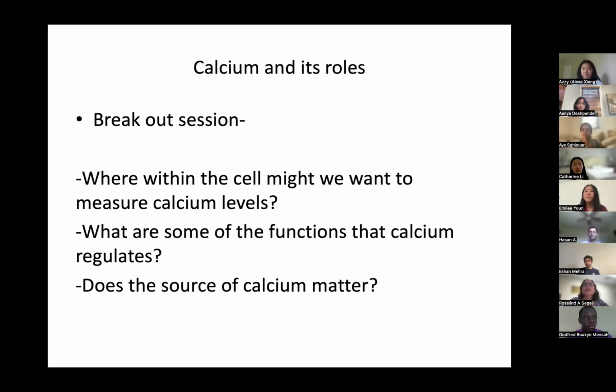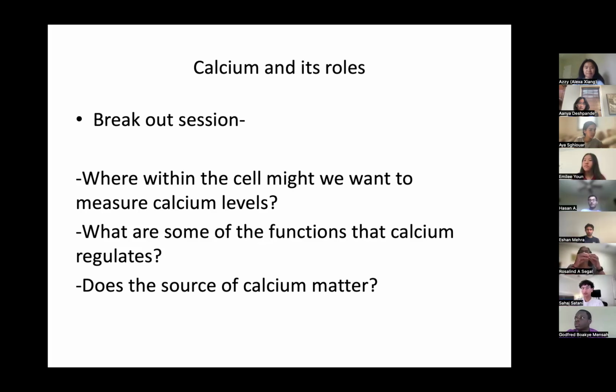Oh, wait, yeah. I actually have a couple questions. Does an insufficient blood level of calcium lead to endoplasmic stress? So there's very tight regulation of the calcium levels within the cell and within different parts of the cell.